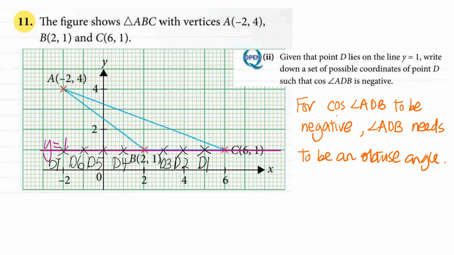But whatever position you choose for point D, it definitely has to give an obtuse angle ADB, which is what we agreed on earlier.